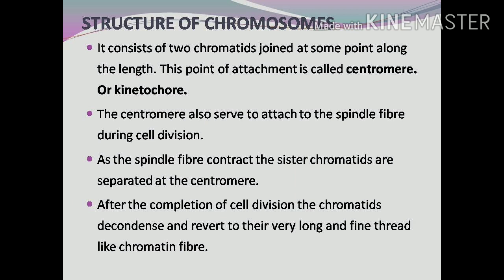There would be as many chromatin fibers inside the nucleus as the number of chromosomes that appear during cell division. So during cell division, the chromatin fiber condenses and gives rise to a chromosome. After the cell division, this chromosome decondenses and once again forms a chromatin fiber.